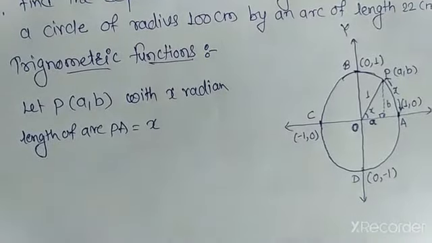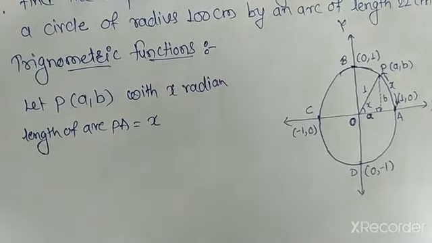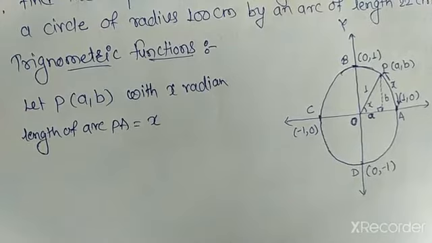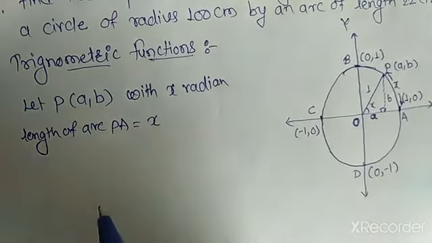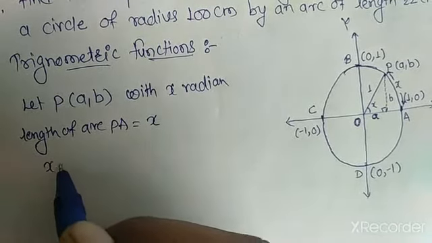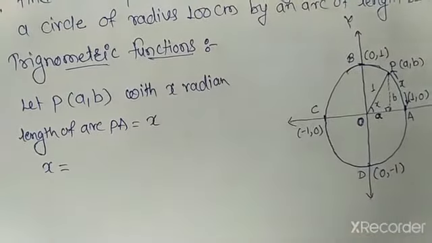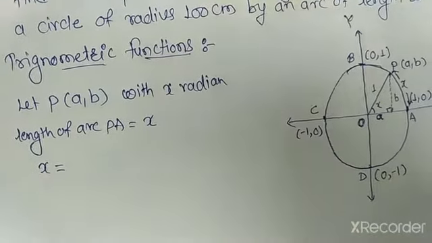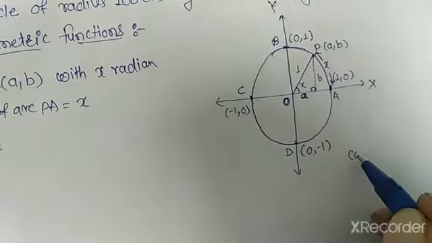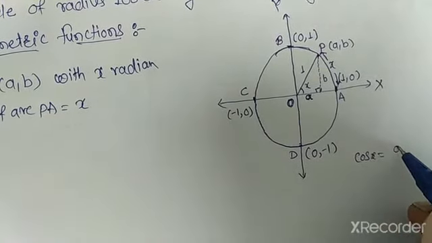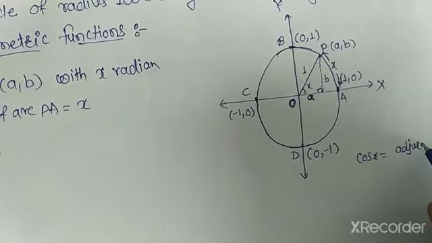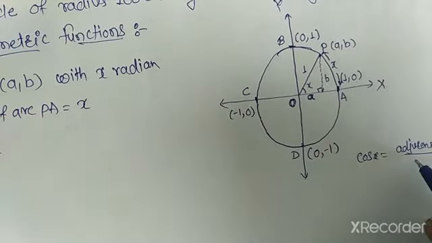Okay, now we define x. You have studied in previous classes that the formula of cos x is equal to adjacent side upon hypotenuse.